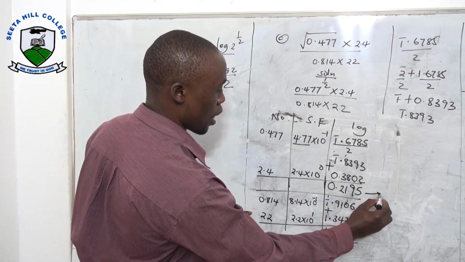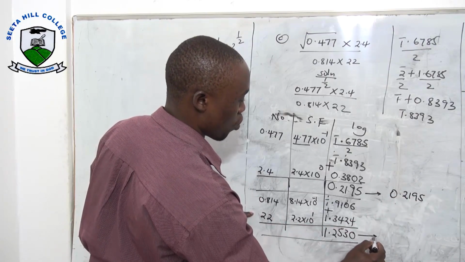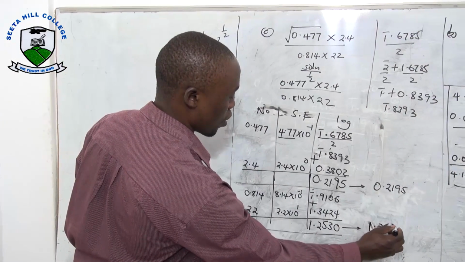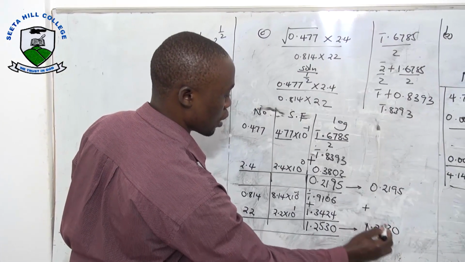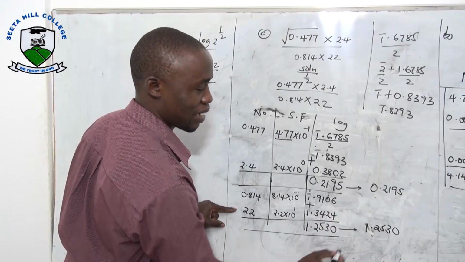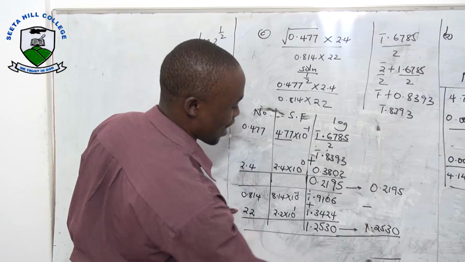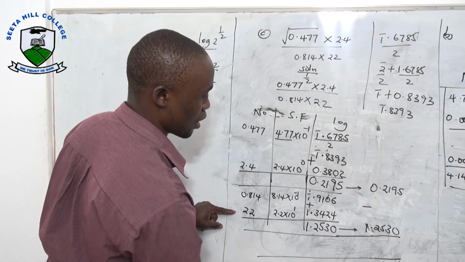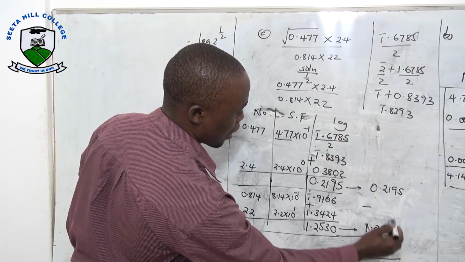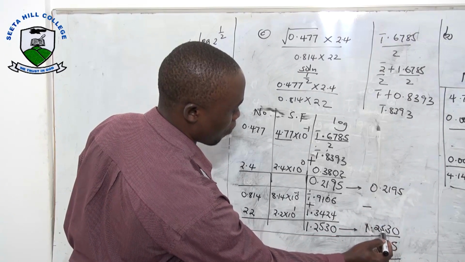Now, this one, 0.2195, and this one, 1.2530, are going to be what? Added? Subtracted. Oh, subtracted. You see that? 5 minus 0. 9 minus 3. 6. 2 minus 5.